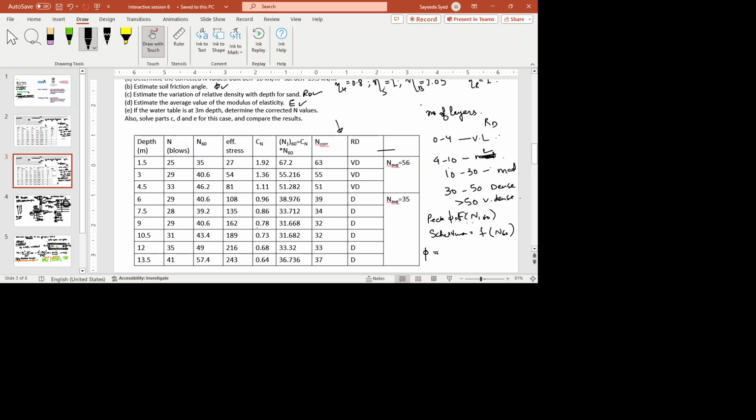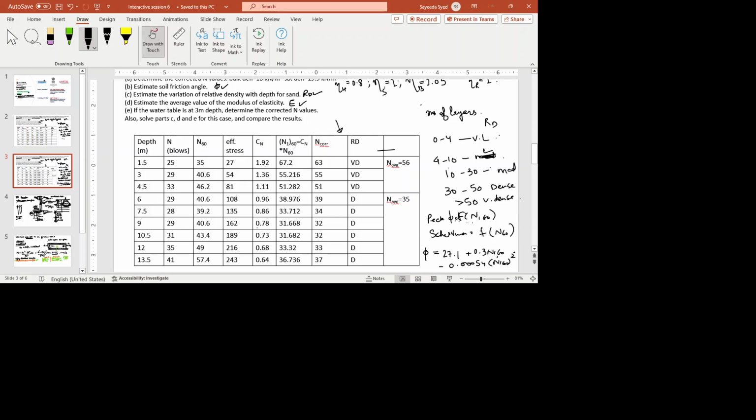Phi equals 27.1 plus 0.3 N160 minus 0.00054 N160 square.